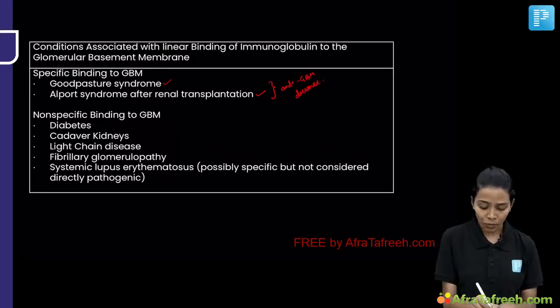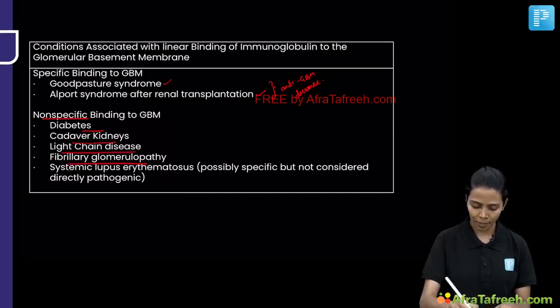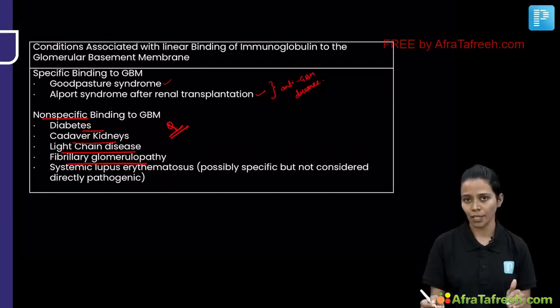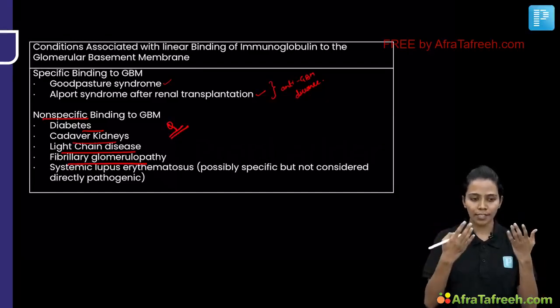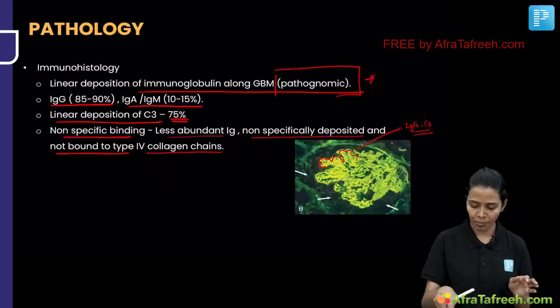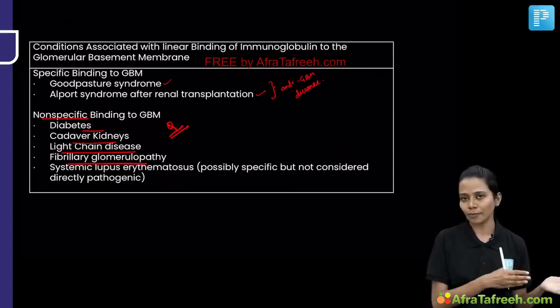Now, non-specific binding can be seen in diabetes, in cadavers, light chain disease and fibrillary glomerulopathy. This is very important. It has been asked as a question multiple times. These four options can be asked. If you see their biopsy, it's going to show the same pattern: IgG deposits in the GBM, but it will not show other light microscopic changes.